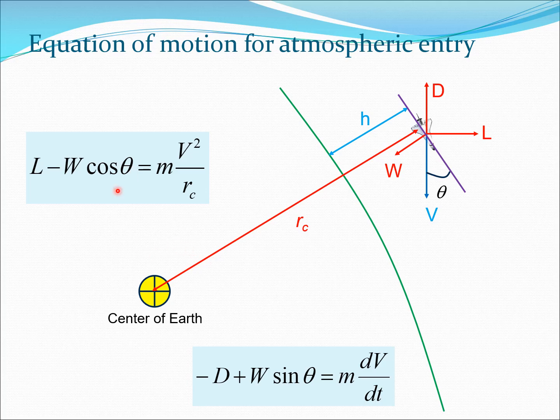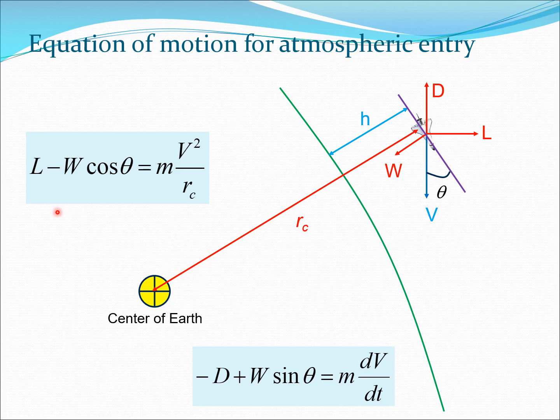Now just to recapitulate, because we are using some of the equations from our previous lecture today, recall that we had the center of the earth and the spacecraft here. The spacecraft was moving around here and it had three forces: the lift, the drag and the weight. The velocity v is given in this direction, and the spacecraft makes an angle theta with respect to the local horizontal line. We derived two equations of motion.